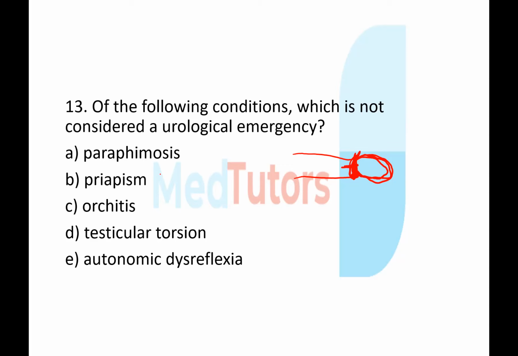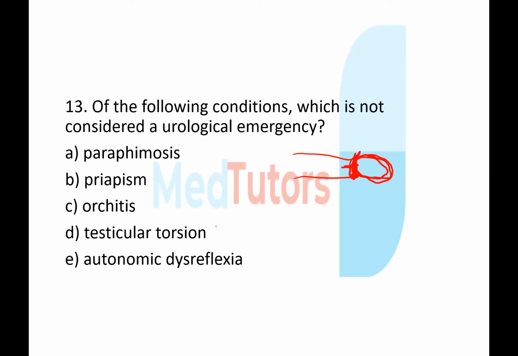Priapism is also a painful, persistent penile erection, and is an emergency. Orchitis is testicular infection, and is not an emergency. It can be treated with antibiotics.